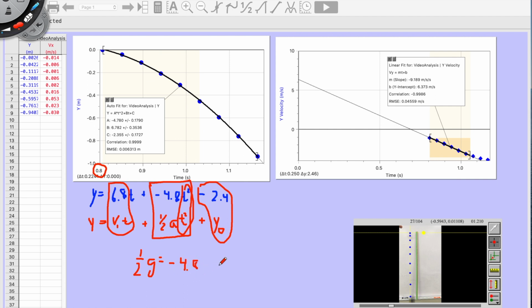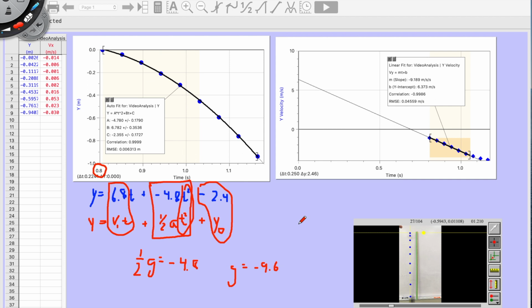That means that g, if we multiply both sides by 2, is equal to negative 9.6. And that's not bad. Considering our value of 9.8, the position graph gave us a value that's almost dead on, and the velocity graph gave us a value that was close, but not too bad, like 9.2. So all in all, our data is pretty good.